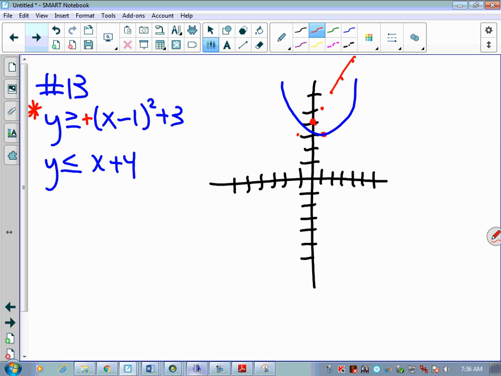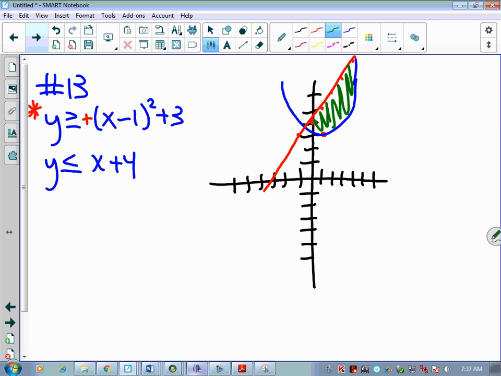Okay, and it's solid, and it says y is less than. So what we should see, if I'm not wrong here, is we should see this shaded region there. And that looks to be pretty accurate. Yep, that looks good.